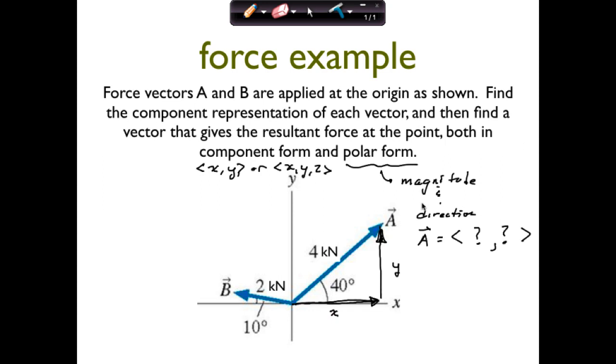So we're pulling at the origin here with force A and with force B. So the resultant, how do we combine those to get, say, one force that would be equivalent to pulling 4 kilonewtons this way and 2 kilonewtons this way? We want the equivalent one force to applying both those forces.